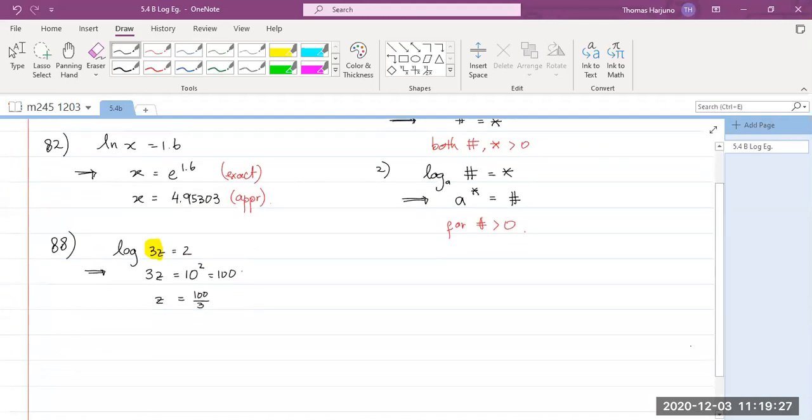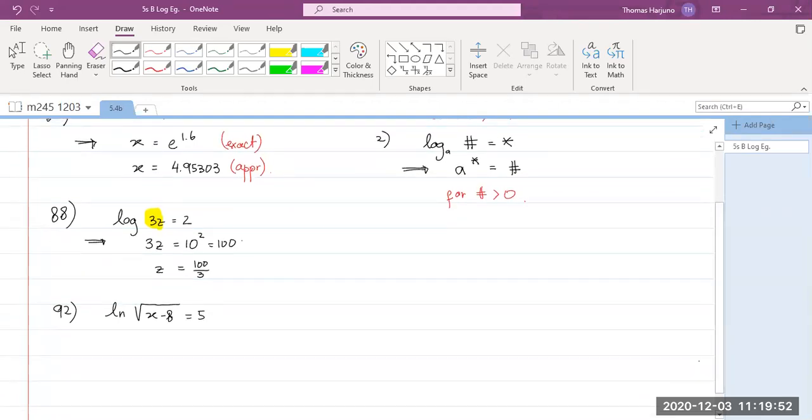Let's go on with number 92. You see that implicitly the way we solve this log equation is to isolate the log, so that you have log on one side and a constant on the other side. It's already log by itself on the left-hand side, constant on the right-hand side.